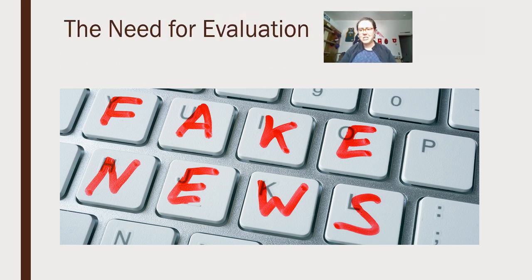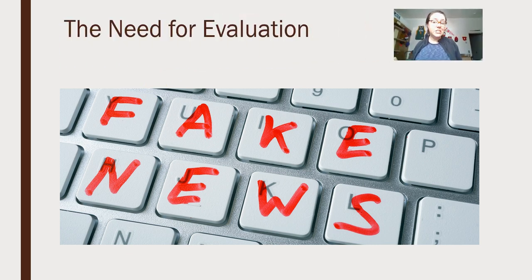All right, jumping into all of this, why do we need to evaluate sources anyway? Why do we need to think critically about what an article is saying, who wrote it? Why do we need to give it all this thought? In 2019 terms, the easiest way to describe that is fake news.